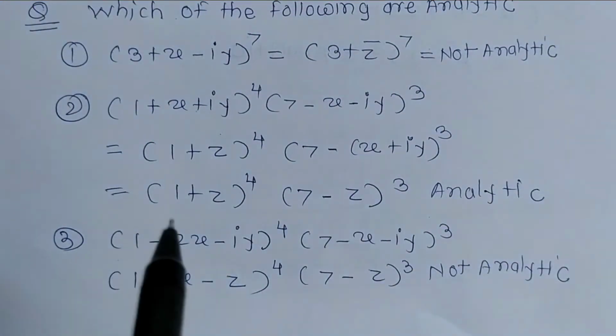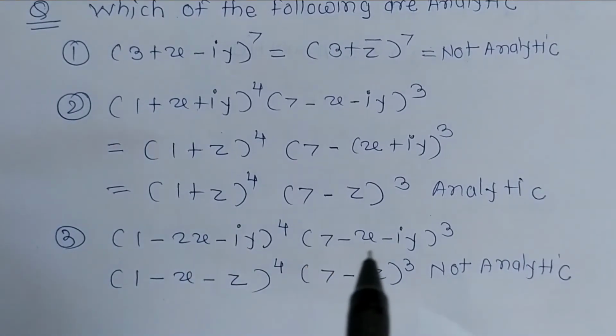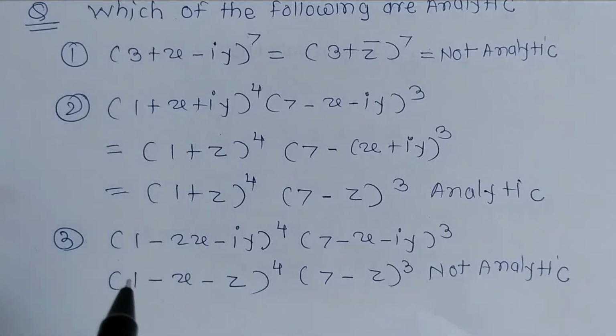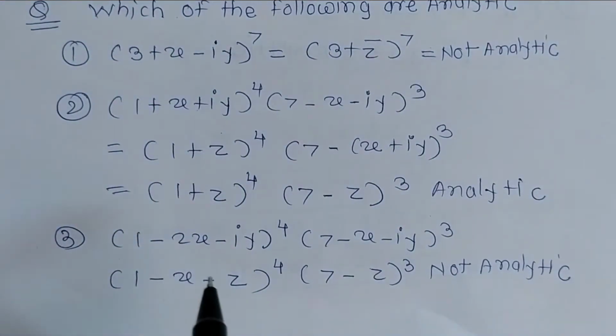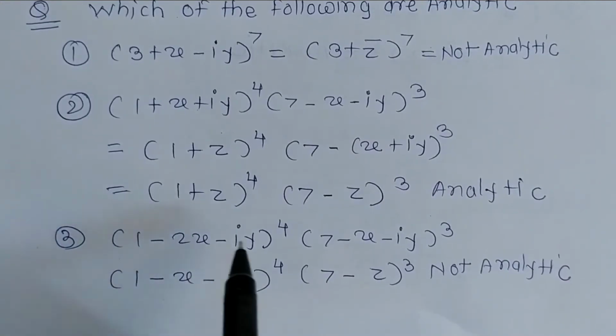Third one is (1 minus 2x minus iy) raised to 4 and (7 minus x minus iy) cubed. Here, when we take one x common from this 2x, that is one x here, and remaining is minus x plus iy.